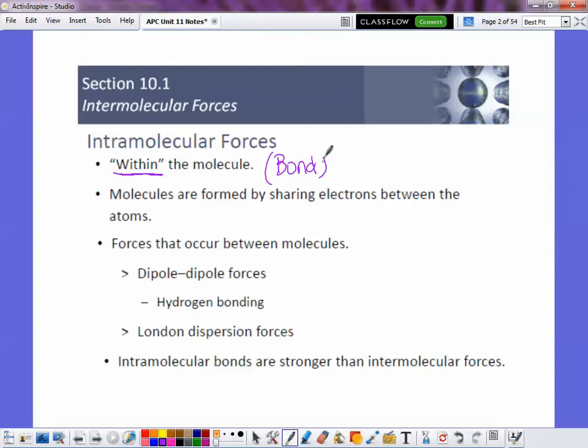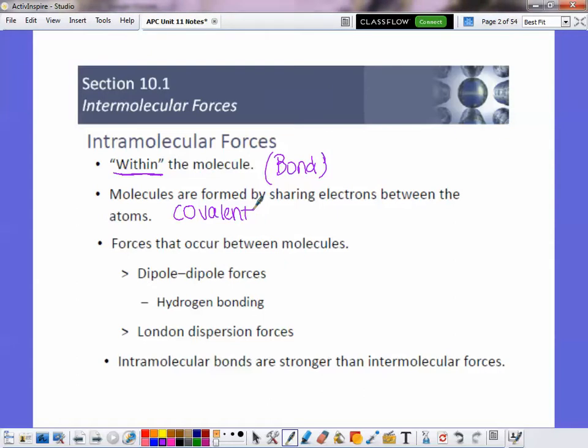So it's the forces that hold atoms together within the molecule. And there's multiple types: ionic, covalent, metallic, which was all reviewed in Unit 10. And if we're talking about covalent, molecules are formed by sharing electrons between the atoms. Or if it's ionic, then they're being transferred. We're mainly going to be talking about covalent today.